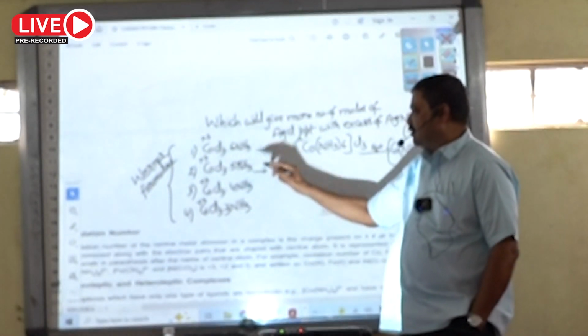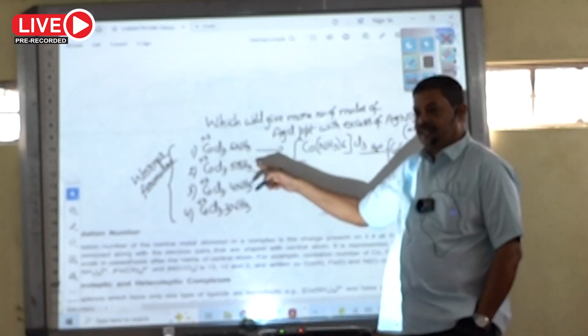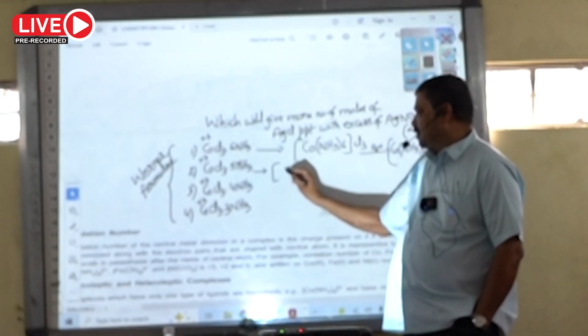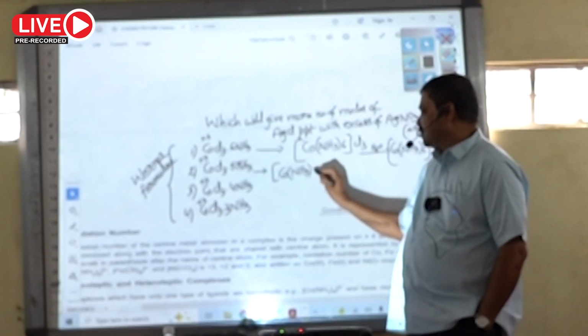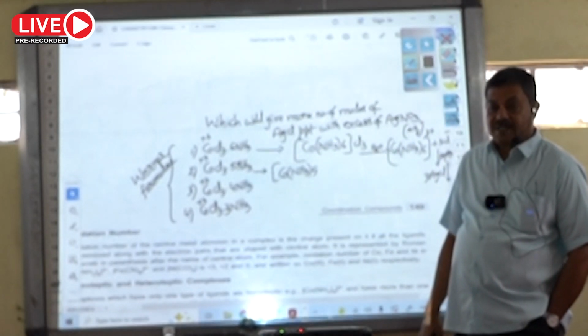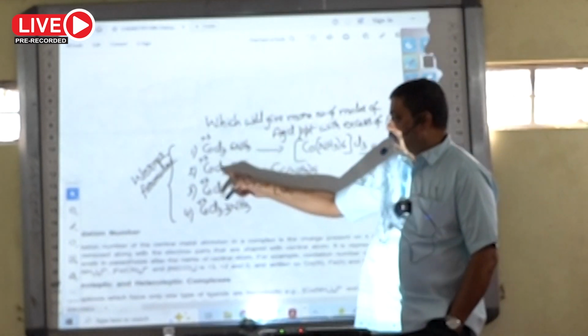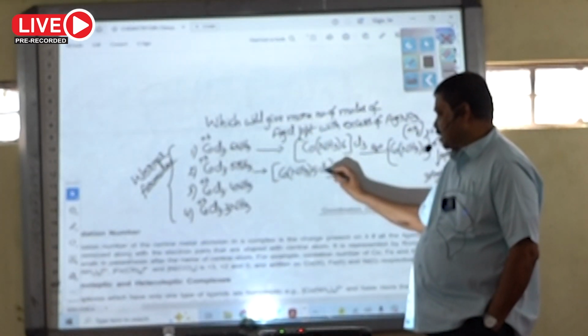Similarly, convert the second one into modern formula. Here only 5 NH3s are there. So within the square bracket, Co(NH3)5. Cobalt should maintain coordination number 6. It will request one of the chlorines: my dear chlorine, you stay with me, don't go outside.